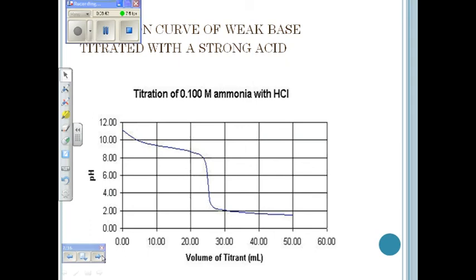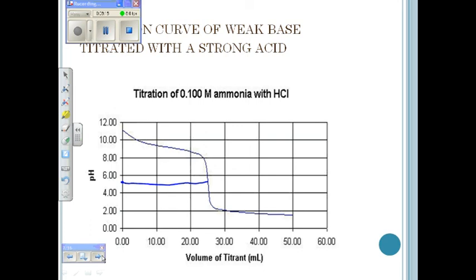It starts at pH 11, but more significantly, where's the endpoint, or the equivalence point, here? Somewhere around 5, halfway up the steep part. So the pH at the endpoint, or the equivalence point, is less than 7. So that means you have a weak base reacting with a strong acid.